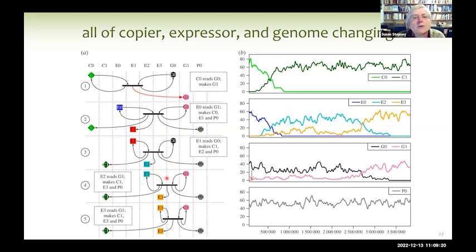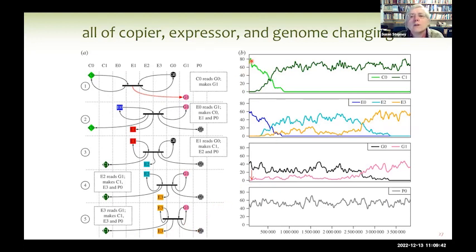And that new expressor goes to the mutated genome and expresses a third expressor. And then finally, we get to a stable state where we've got expressor 3 and genome 1. So the mutated genome and the expressor, and we get a stable state of copier 1, expressor 3, and so on.